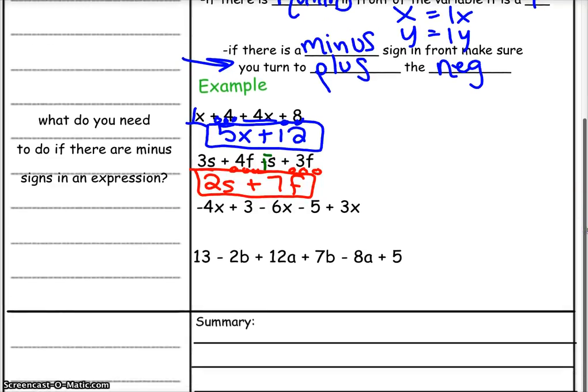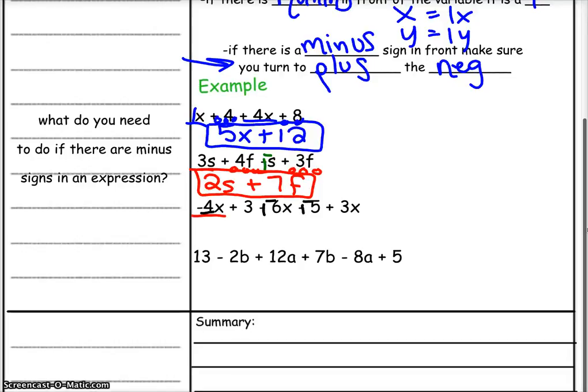Holy moly, look at all these minus. Now I don't turn this into plus and negative because it already is a negative. I just turn minus signs into plus and negative. So this is negative 4x plus 3 minus 6x, which is a negative 6x, minus 5, which is plus a negative 5, plus 3x. Start left to right.